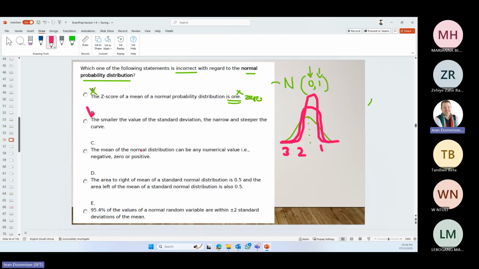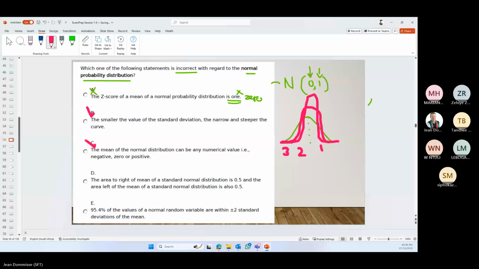The mean of a normal distribution can be any numeric value, negative, 0, or positive. That is correct, so the mean can really be any value.